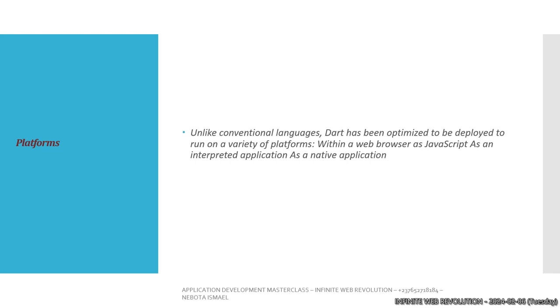When we talk about running on a web browser as JavaScript, when you write code in that application, Flutter, it has the ability to convert that code into JavaScript, right? This is what powers its web ability.